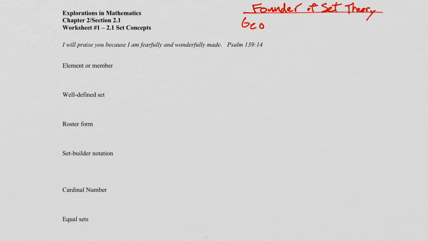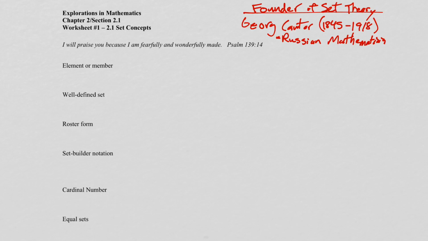So George, he's a Russian mathematician born in the 1800s, and he is one of the pioneers in this area that we're about to study.